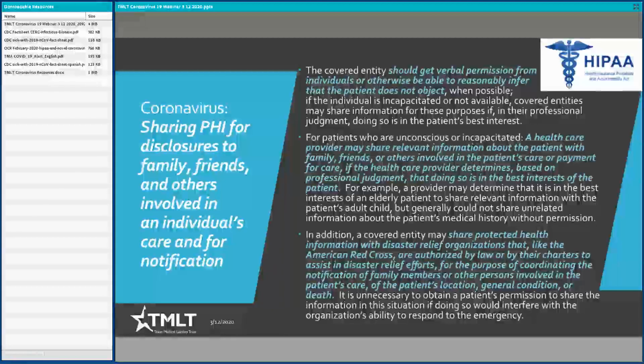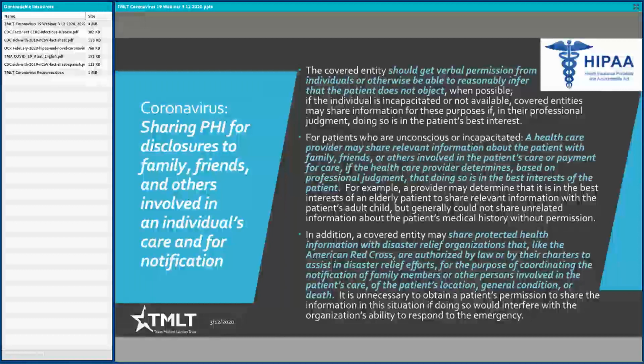You should try to get verbal permission from individuals who are able to provide that, or reasonably infer that the patient does not object. If the patient is incapacitated, that's obviously not going to be possible.